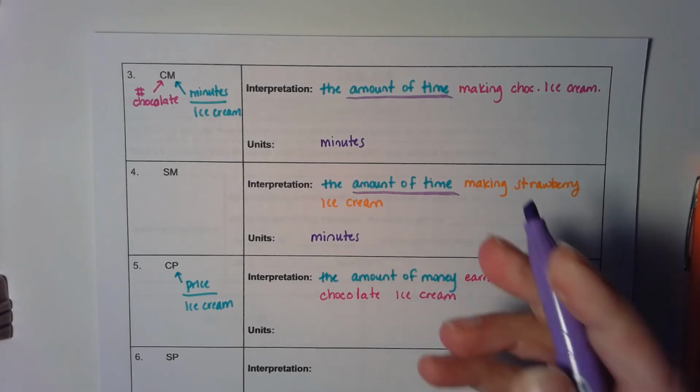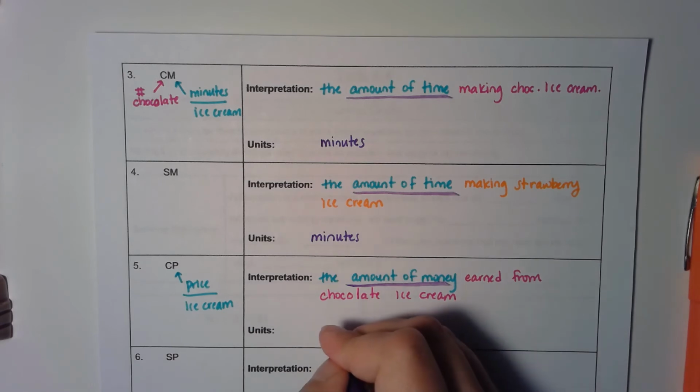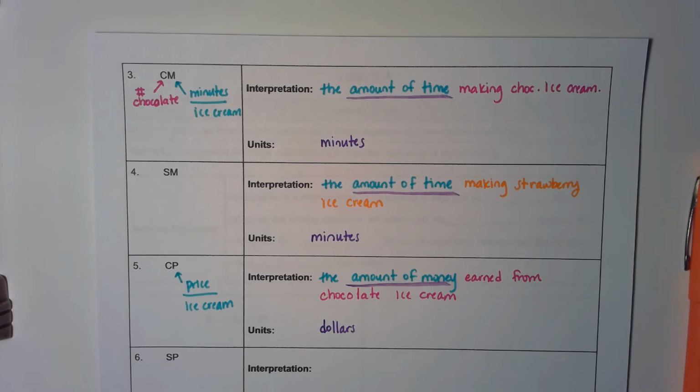Now again, if we're trying to find the amount of money, our units here would just be measured in dollars, because we're finding the amount of money that we earned from doing this.